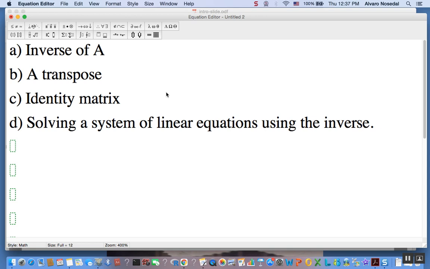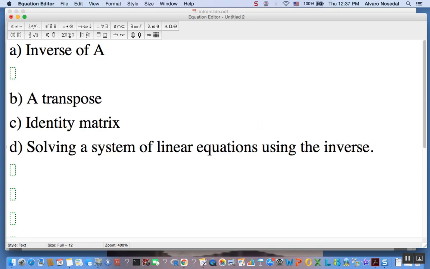Let's begin with the inverse of A. First, an inverse is a property of a square matrix, meaning a matrix with the same number of rows and columns. Okay, so that's a square matrix. We will denote the inverse with a superscript of -1.